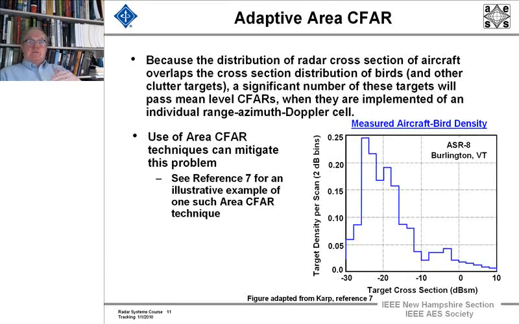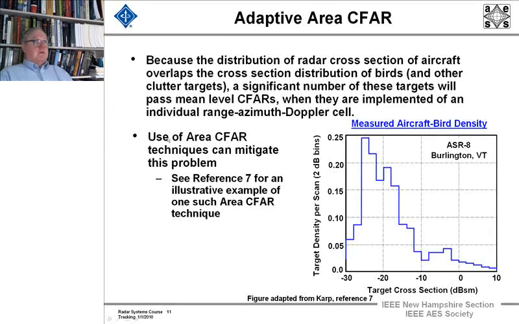It is a very sophisticated area CFAR technique. That area CFAR technique, not the best one, but an example of one such technique on that road to progress, is that implemented by Karp and Anderson to deal with this kind of an issue and with ground clutter breakthrough.